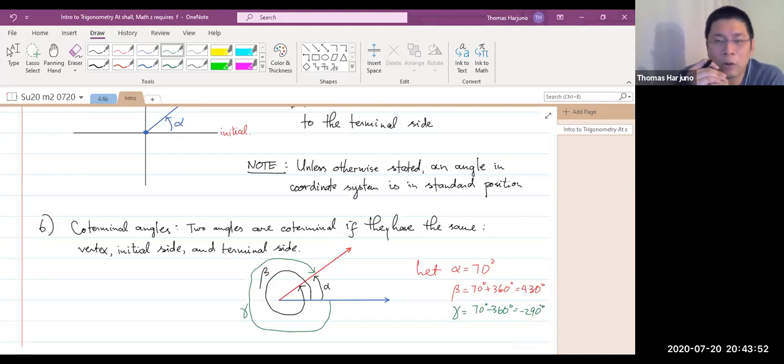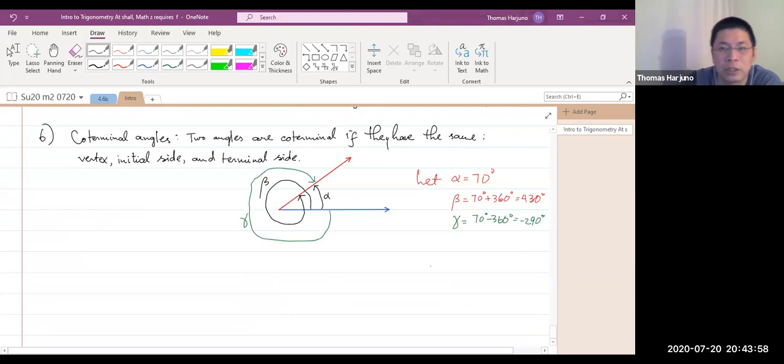Okay. Now, these three angles here are coterminal, and therefore we may use the following notation. So you can see there are actually zillions of angles that are coterminal to each other. Just keep on adding 360 degrees or subtracting 360 degrees.